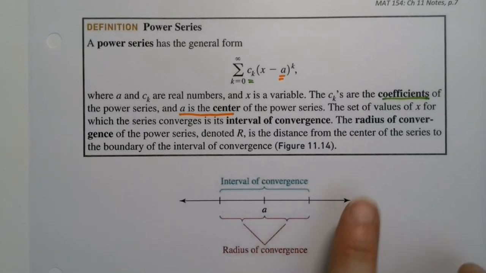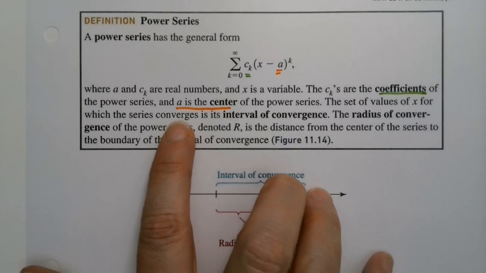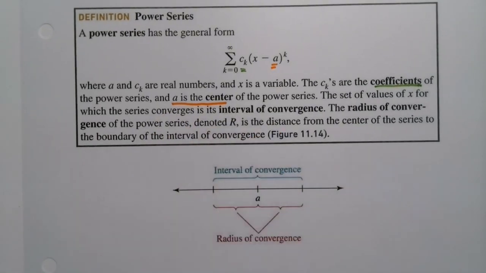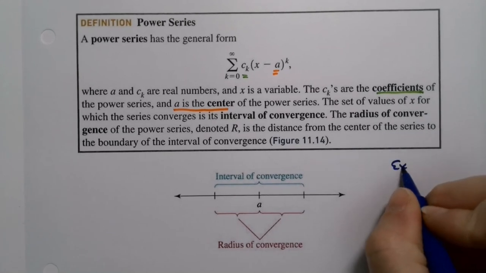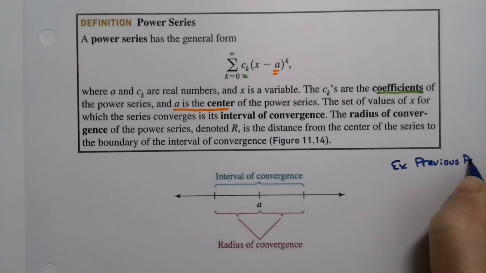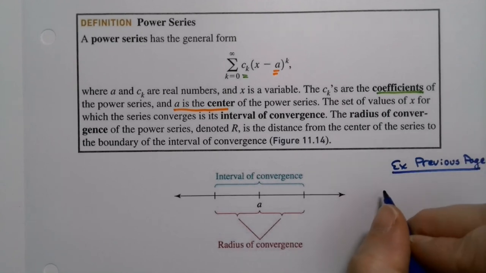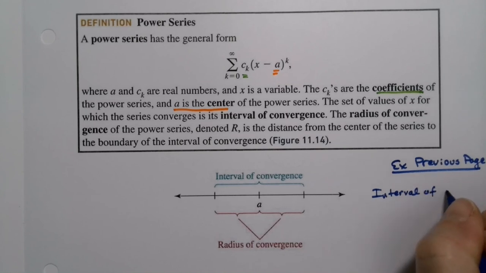All right, so the set of values of x for which it converges, for which they overlap, is called the interval of convergence. The radius of convergence is half of that width. So for example, on our previous page, the interval of convergence was -1 to 1.